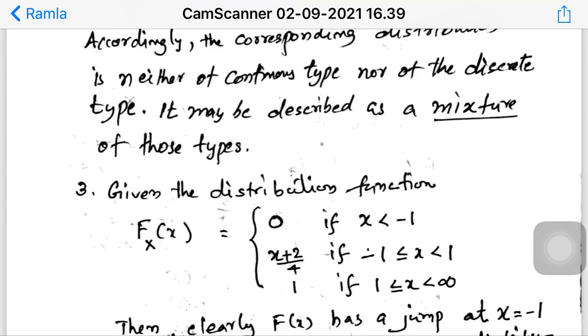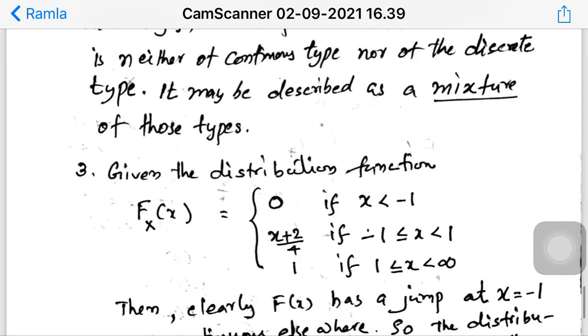And from minus 1 to 1 it is continuous and increasing, but at 1 it again undergoes a jump. So the corresponding distribution function has two discontinuity points, one at x equal to minus 1 and the other at x equal to 1.